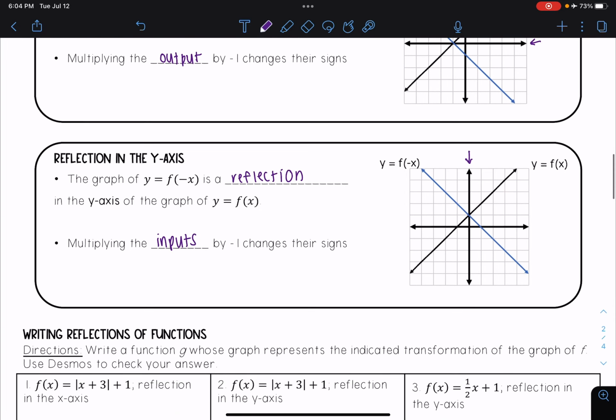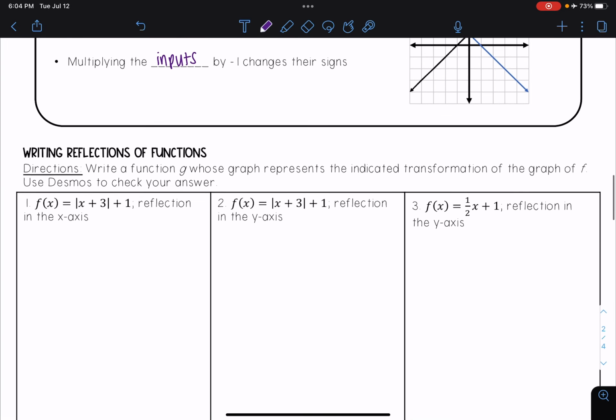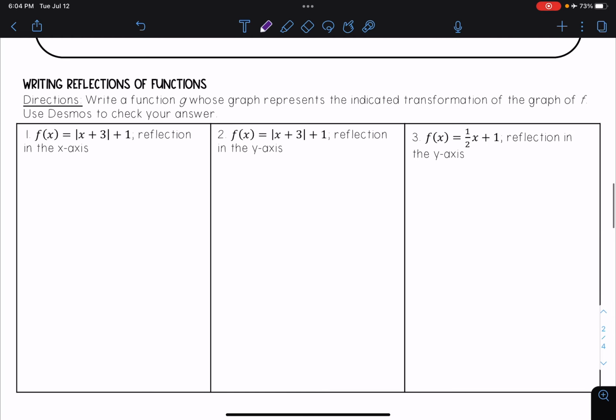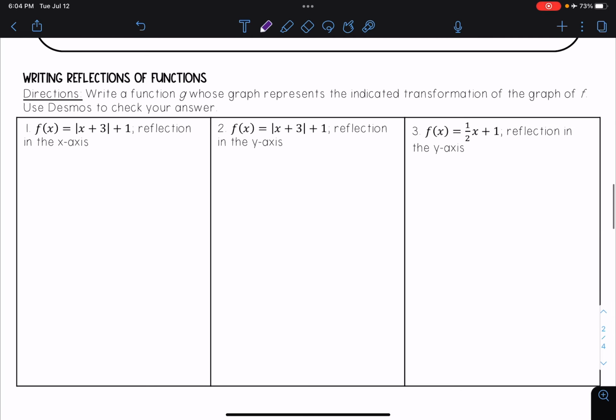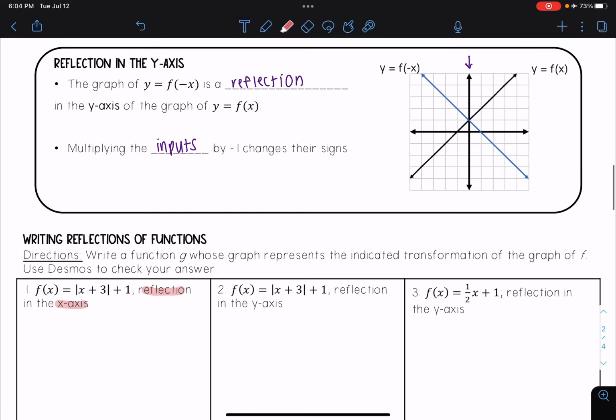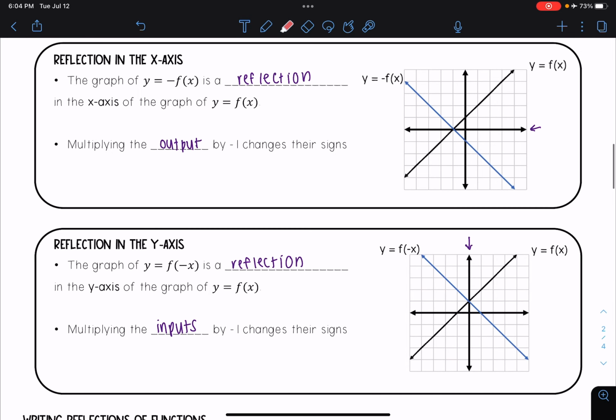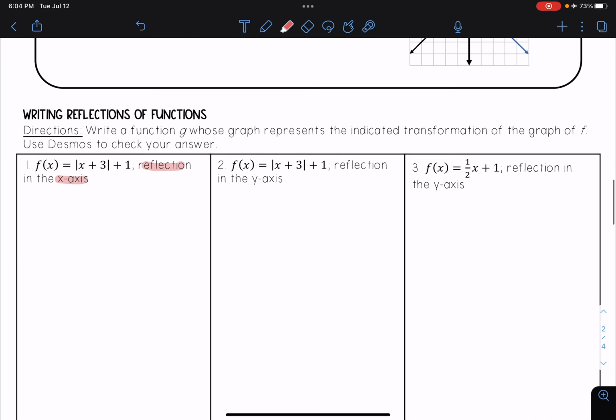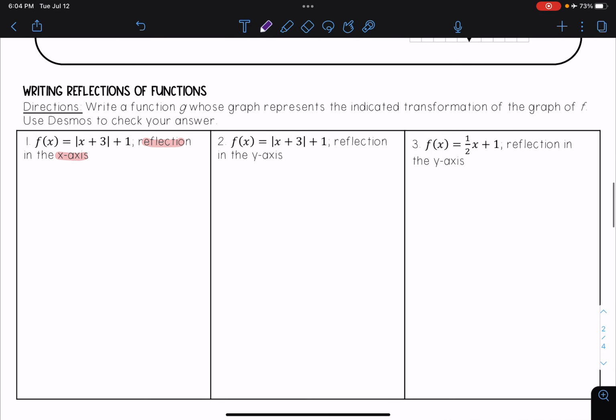So let's look at some examples of writing reflections of functions. At first we have that f of x is equal to the absolute value of x plus 3, plus 1, and I want to do a reflection in the x-axis. Reflection in the x-axis, as I see up here, means I am multiplying my output by -1. So my g of x is going to equal negative f of x.